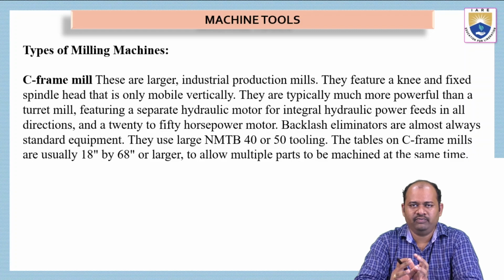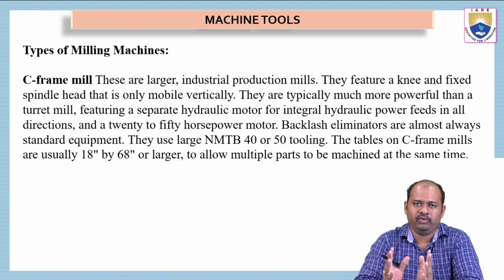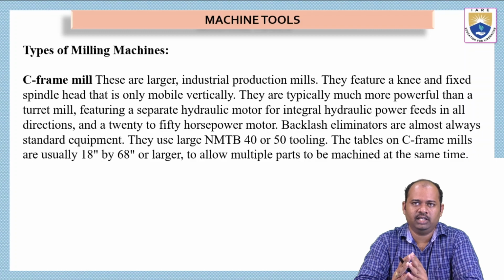So this C-frame mill will have an integral hydraulic motor which moves the spindle in different directions with the help of hydraulic energy. A 20 to 50 horsepower motor is attached in this type of milling machine.